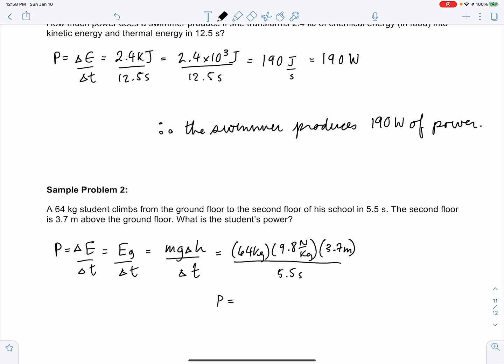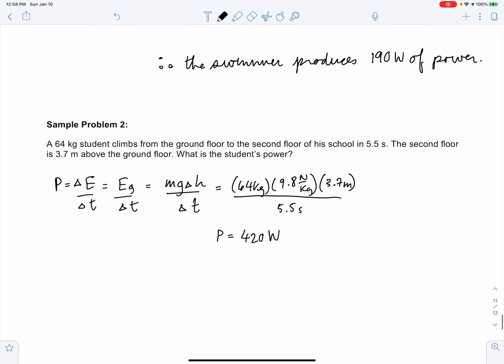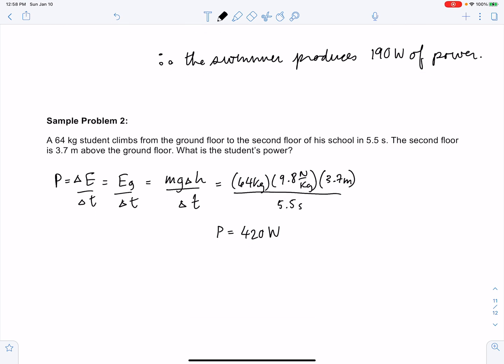If we do so to two significant digits, we get 420 watts of power. Therefore, the student's power is 420 watts.